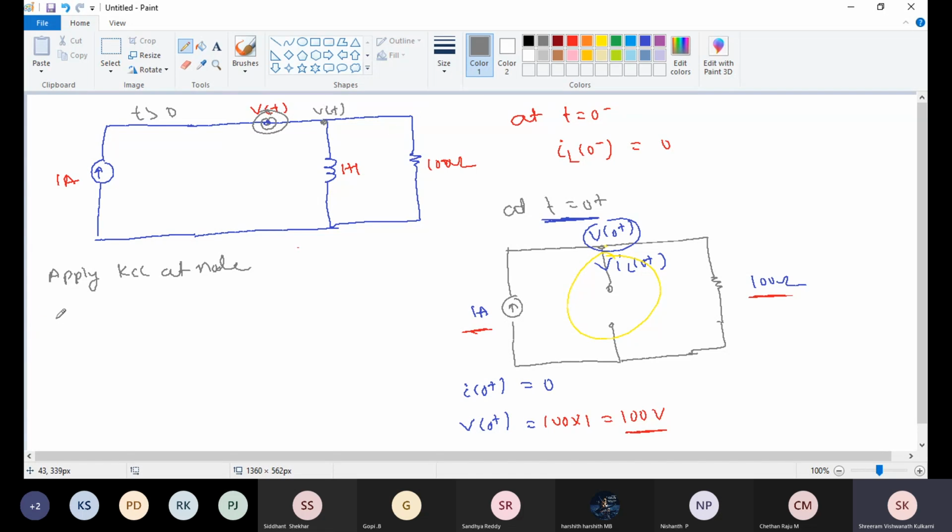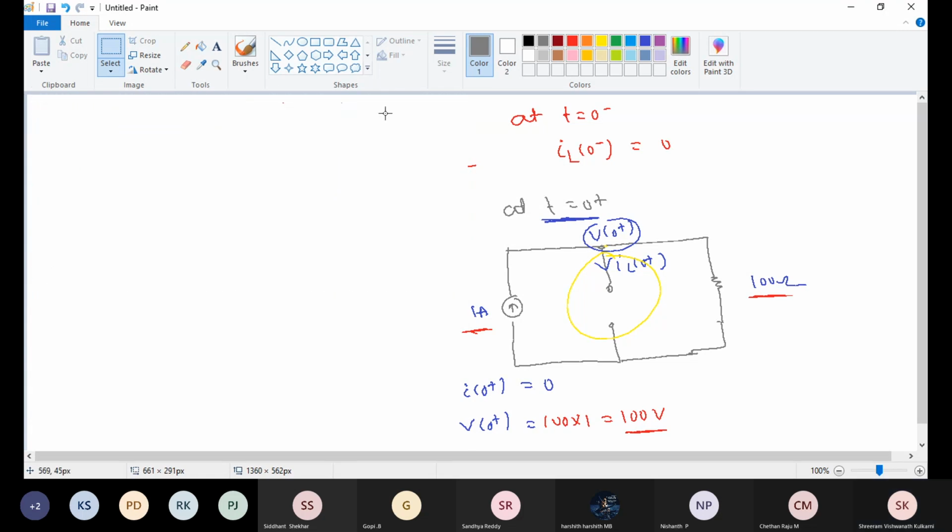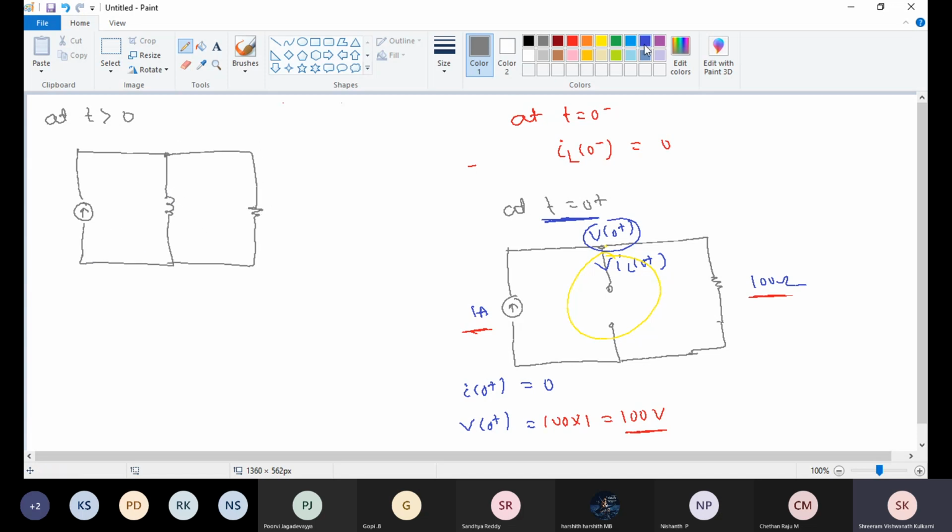Now I will redraw this circuit at t greater than 0: 1 ampere, then this is 100 ohm, 1 Henry, 1 ampere, V(t).